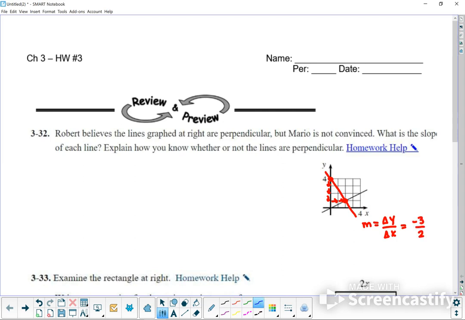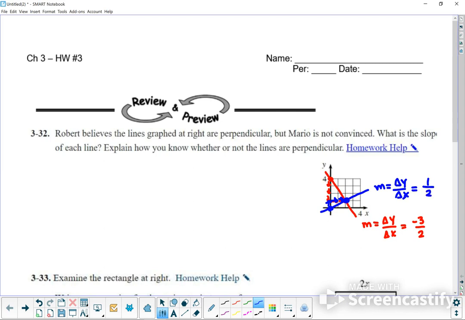Okay, for this line right here, I'm going to use this point and this point. So the change in y is going to be up 1 and the change in x is over 2.